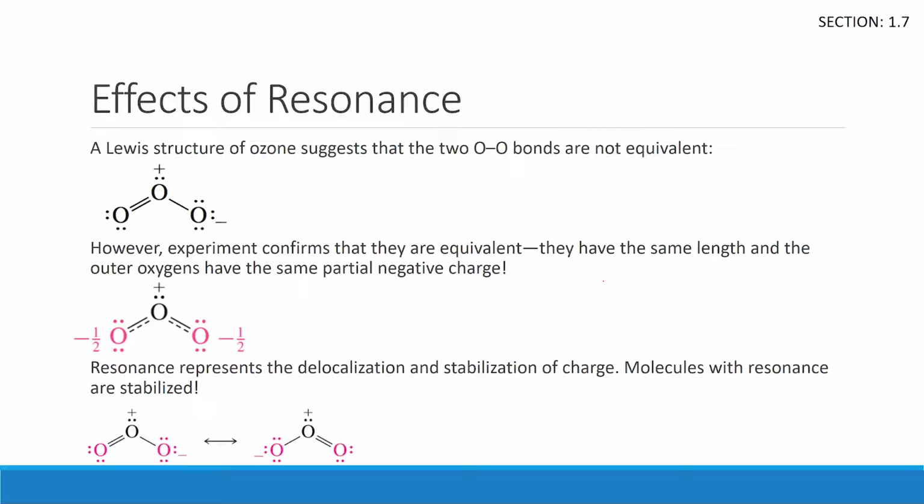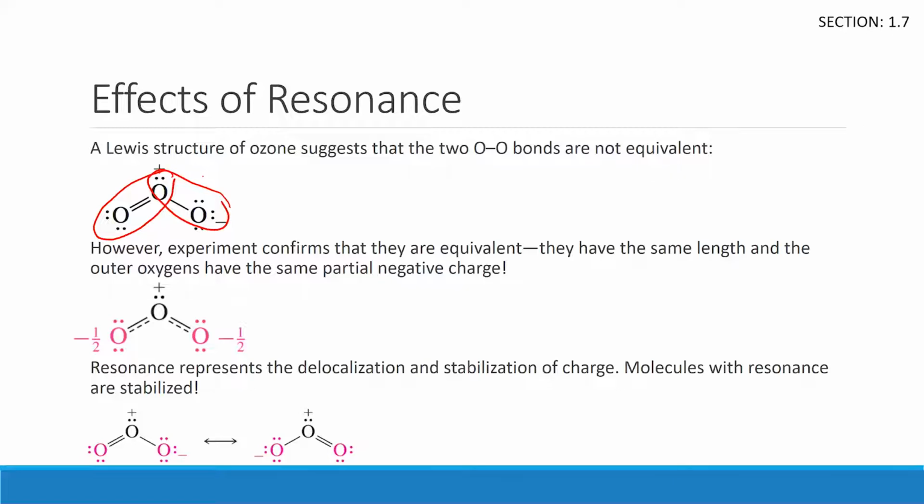Another example, here's a Lewis structure of ozone. If you look at the Lewis structure, it suggests that the two oxygen bonds are not equivalent. Here we see an oxygen with a double bond, and here we see an oxygen with a single bond. But experimentally, we confirmed that they're all equivalent to each other.